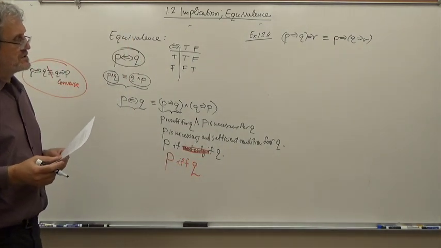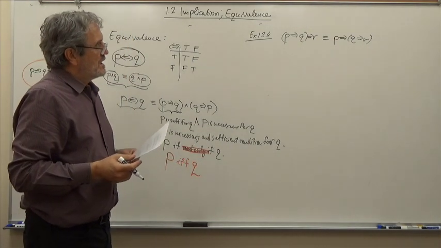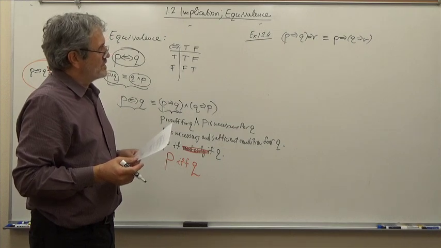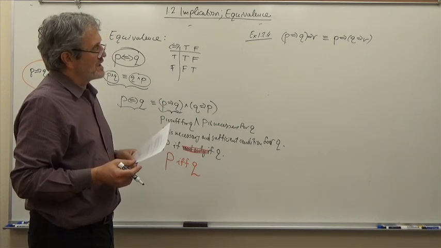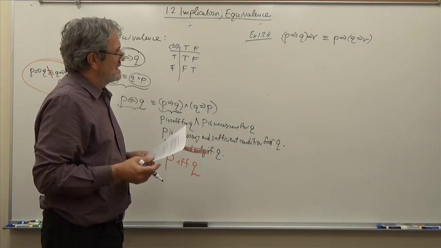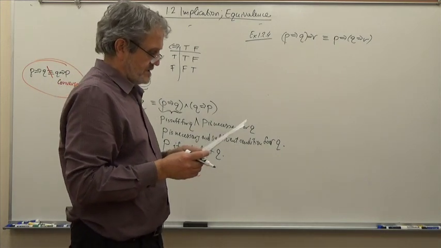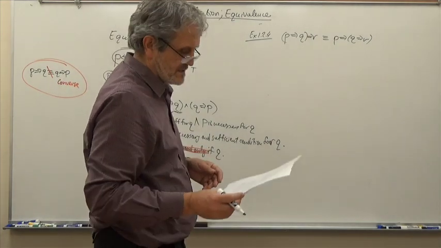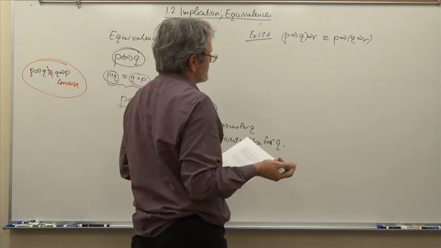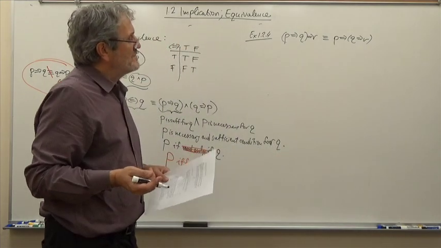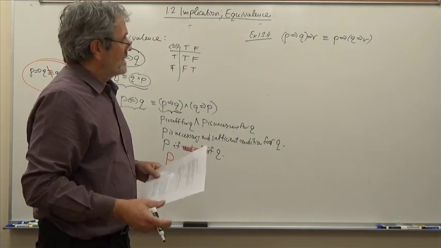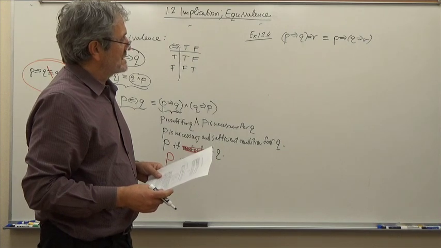So that's the question. Is it true that basically what we did here was just rearrange parentheses? Generally, if you write the whole table, you can see that they are not equivalent.